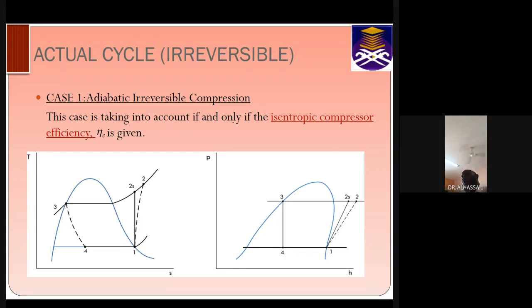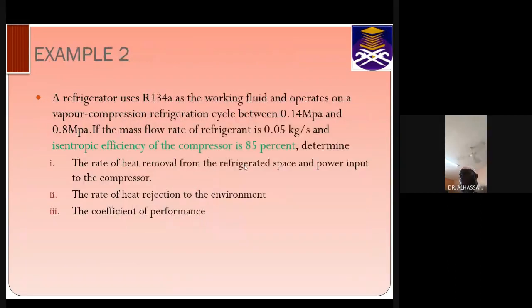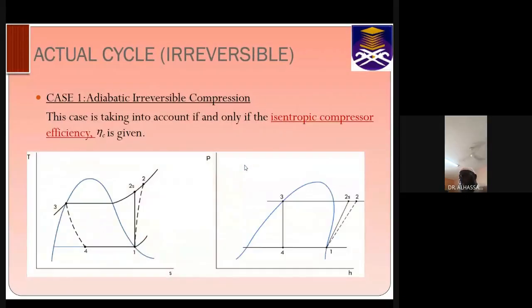The word adiabatic means that there is no heat transfer in and out of the system. You understand me? One thing we need to know: this will lead us to the definition of isentropic efficiency.